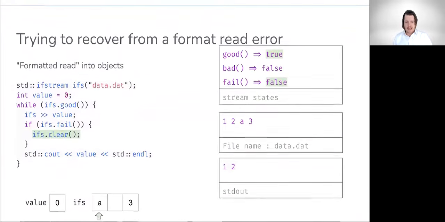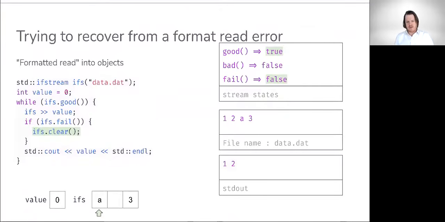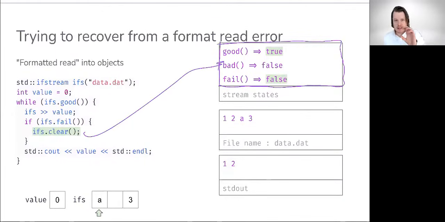So we get into the fail block, we execute clear on IFS, and we notice that the implications of this is that the state of the stream is reset. So all clear does is it sets the state of the stream back to good, which means when we come up to here, the state of the stream is good.